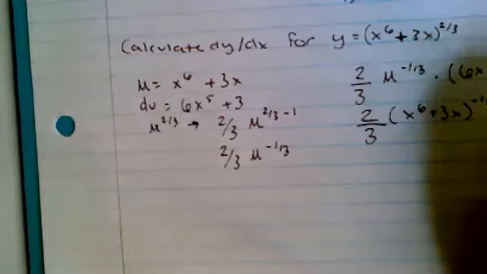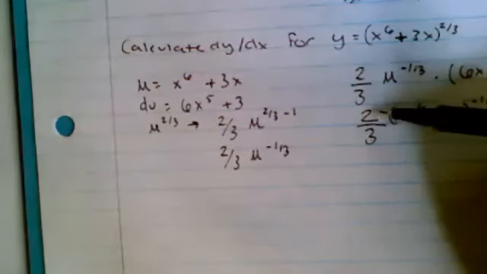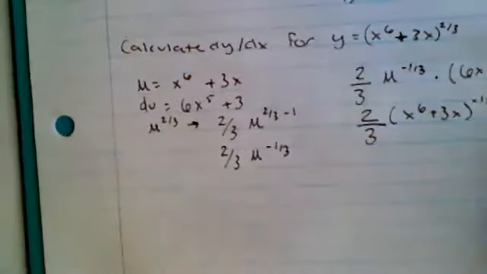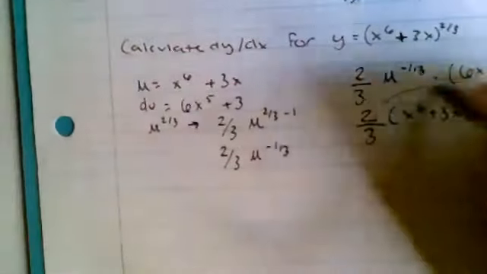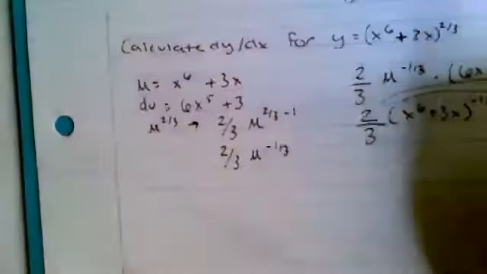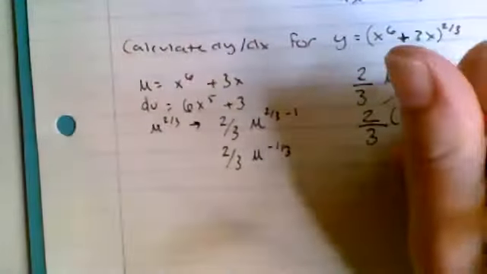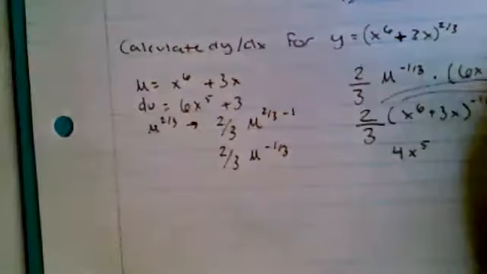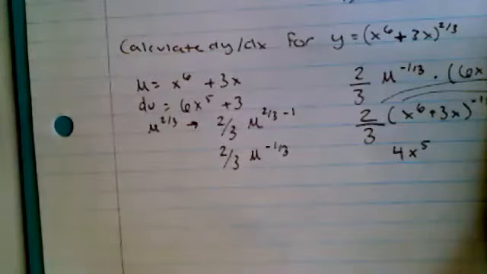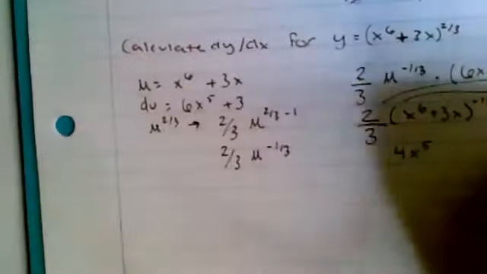I'm going to distribute my 2/3 to the 6x to the 5th plus 3. Let's simplify this out. 6 times 2 is 12, divided by 3 is 4. So we're going to get 4x to the 5th. 2 times 3 is 6, divided by 3 is 2.